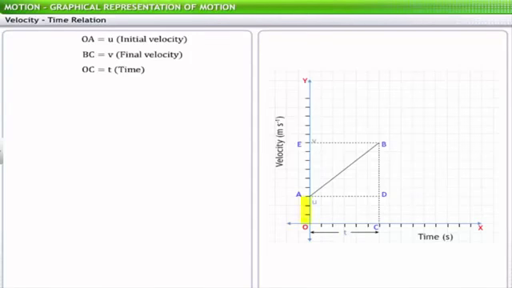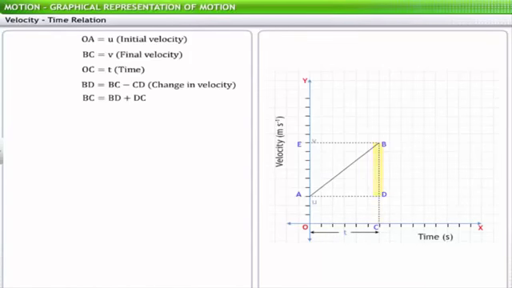Now, OA represents the initial velocity u. BC represents the final velocity v. OC represents the time t. And BD represents the change in velocity in time t. OADC being a rectangle, OC is equal to AD. And hence, AD also represents the time t.